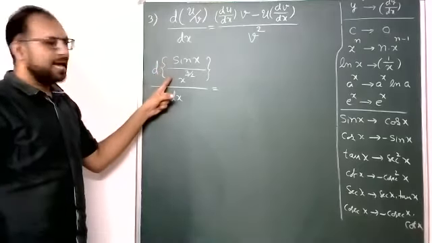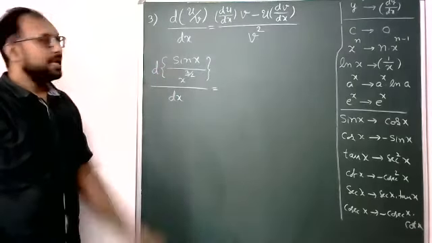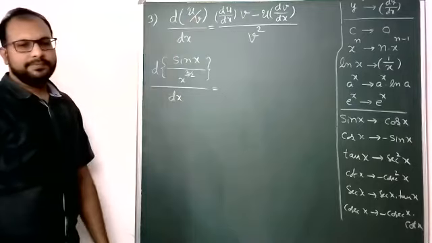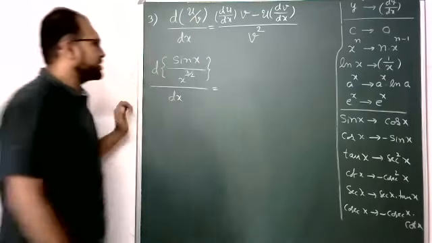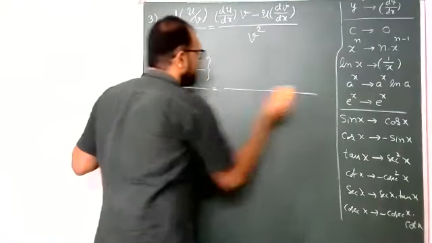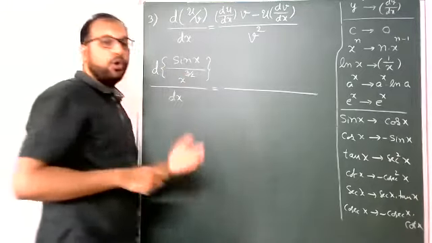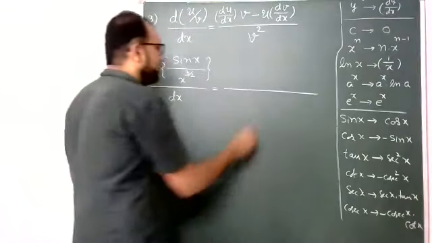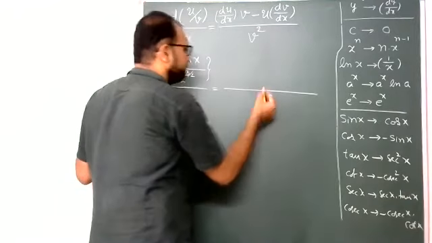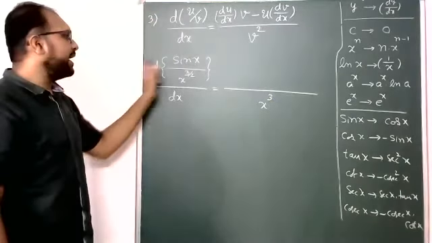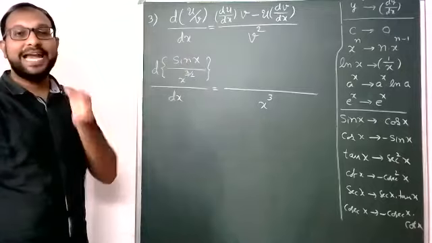Students, numerator and denominator, same as rule number 3. First the denominator: x to the power of 3 by 2 whole square means x cube. Now the derivative of the numerator. What is the derivative of sin x?